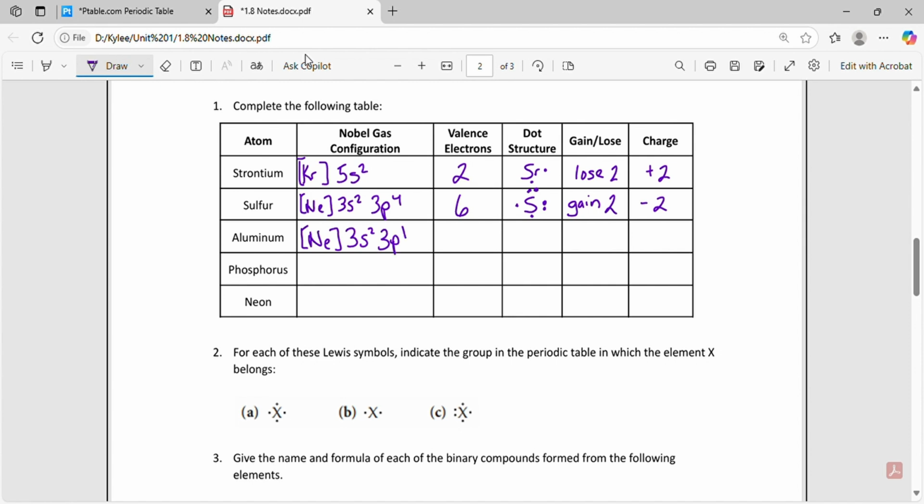How many valence electrons do I have? I have 3. So aluminum's dot structure would be 1, 2, 3. And remember, 4 is kind of the threshold on whether you gain or lose. Since we're under 4, we are going to lose those electrons. It's going to lose all 3, which is going to give me a positive 3 charge.